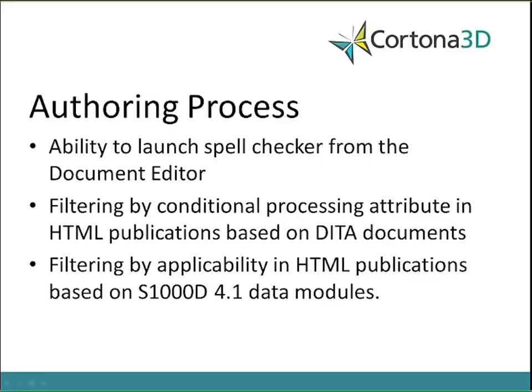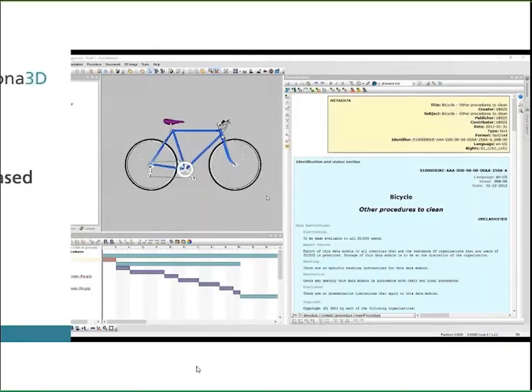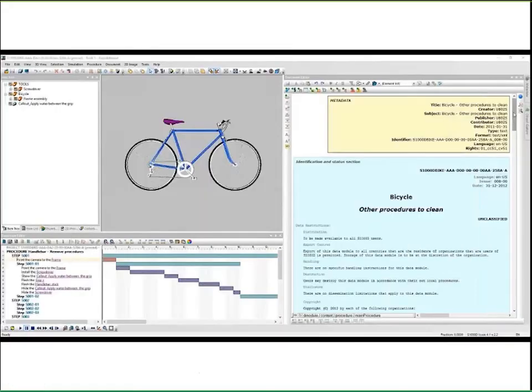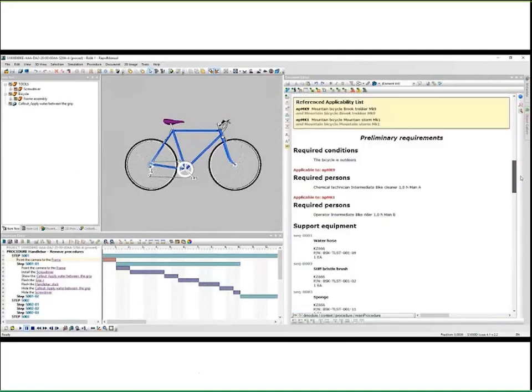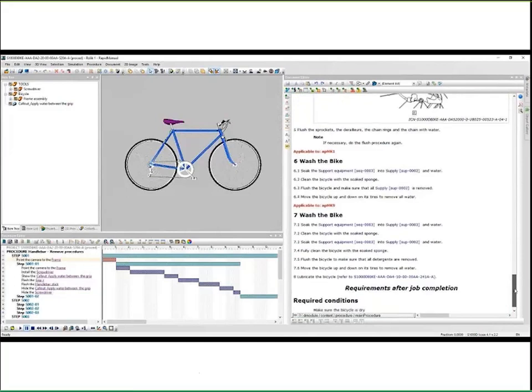A similar feature, but the filtering will be based on the S1000D specification standard. So the functionality is similar, but the approach is different. So in S1000D, you have a so-called applicability setting.